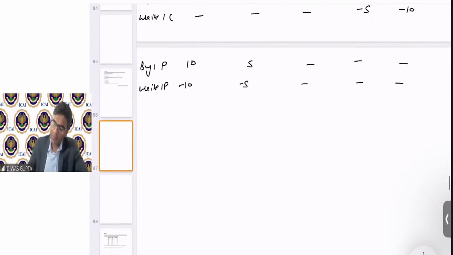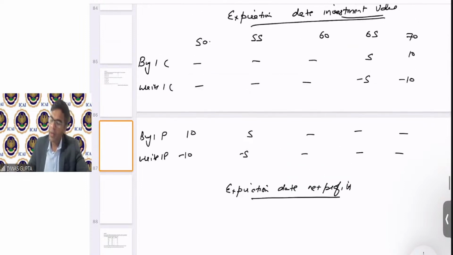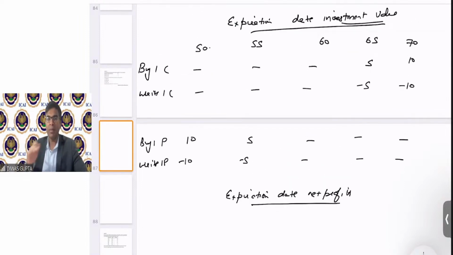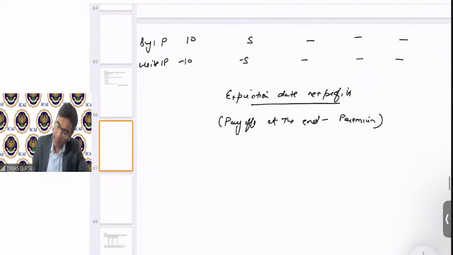Then last, expiration date net profits. So net profit, students, how will we compute? Payoffs at the end minus premium paid or received. Okay.